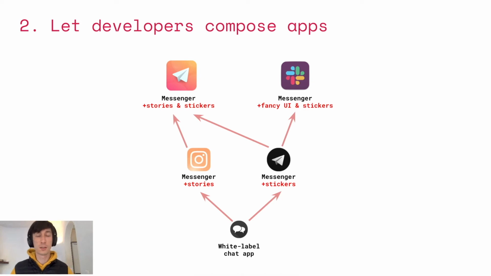Someone else can come and say, okay, I will build the stickers feature, and someone else will build the stories feature, and they will package this new feature together with the existing running service on some nodes, and ship it as a new application. So they can attract new users. They can create a radically new product by heavily reusing a working service in the network and adding some new feature to it. And added new features on top of that can produce new products.